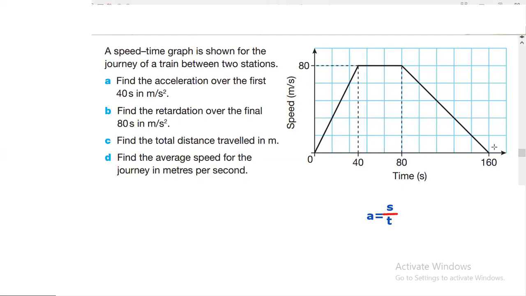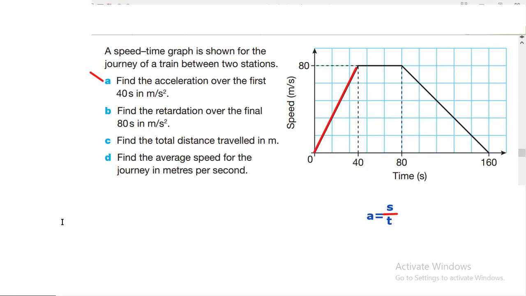Now, let's check the first question here. Find the acceleration over the first 40 seconds in meters per second square. So this one is the first 40 seconds. To find the acceleration, we have to find the speed. The speed is 80. Very good. So basically, I'm going to use this formula: acceleration equals speed over time. Speed is 80, and the time is 40 seconds.